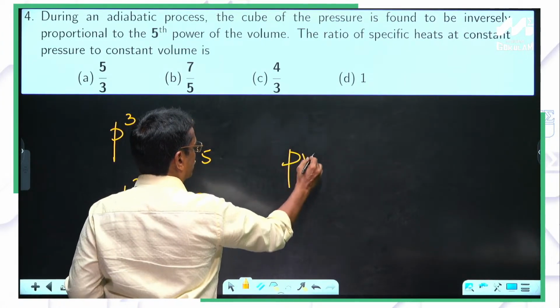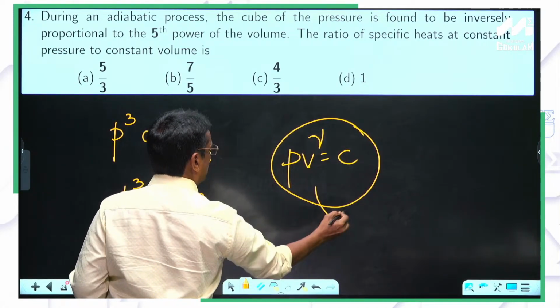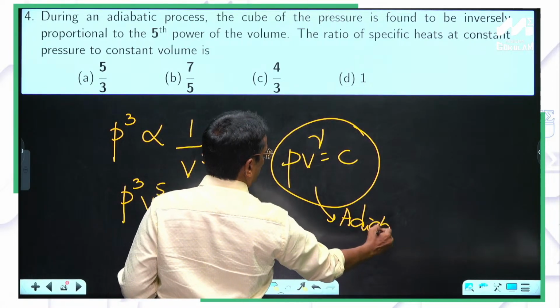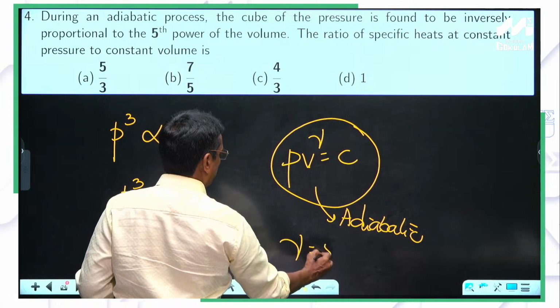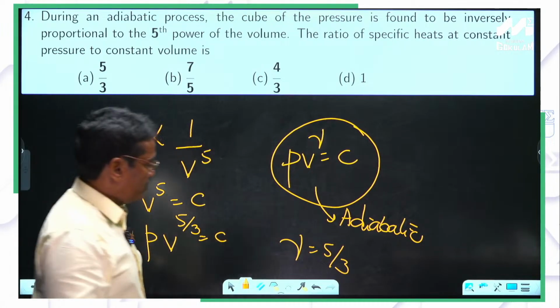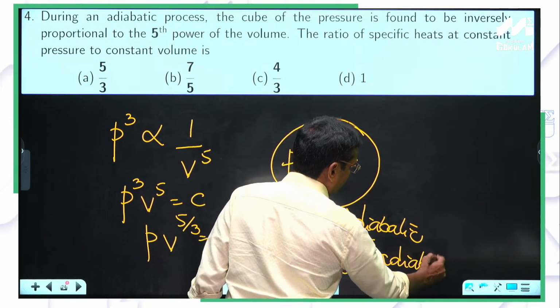For an adiabatic process, the equation is PV to the power of gamma, for the reversible adiabatic process, PV to the power of gamma is constant. Therefore, here gamma will be 5 by 3. What is the name of that gamma? Adiabatic index, Cp by Cv.